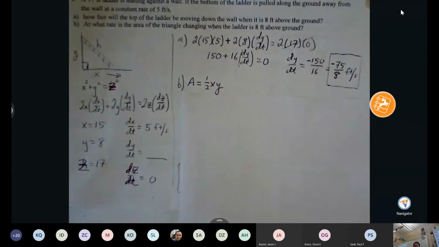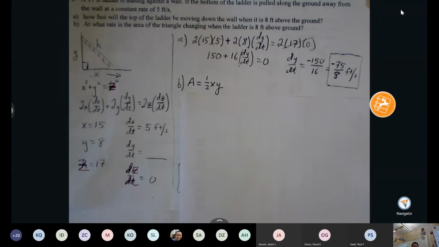Okay, for A, I got negative 75 over 8 feet per second. That vertical part of my triangle is decreasing, so it makes sense that I'm getting a negative rate.